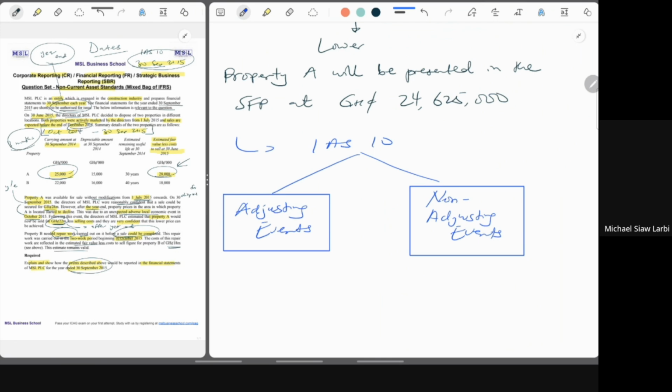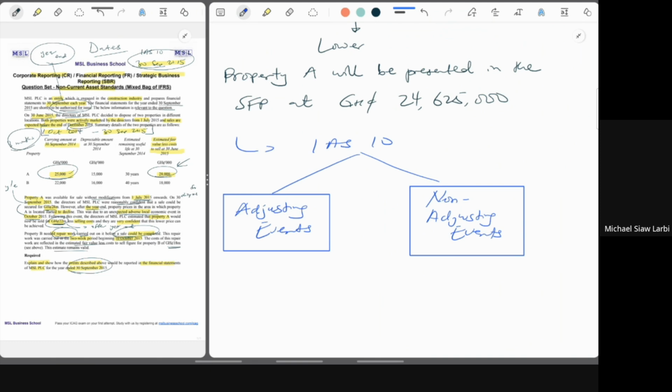At a very high level, adjusting events provide further evidence of conditions existing at year end, and they are adjusted in the financial statements. Non-adjusting events do not provide further evidence of conditions existing at year end, and they are not adjusted, but they are disclosed, especially when they are material. So only a disclosure in the notes would be warranted.